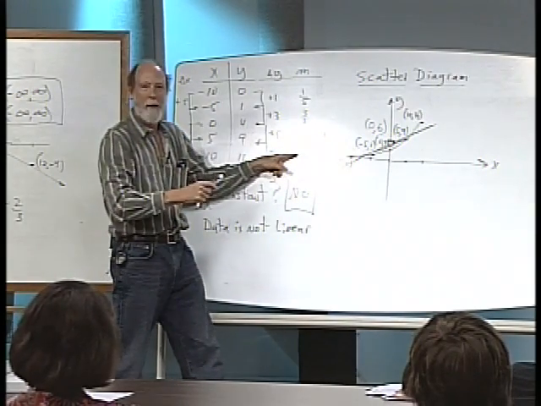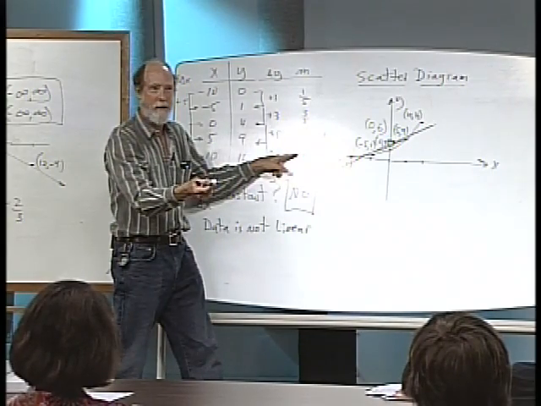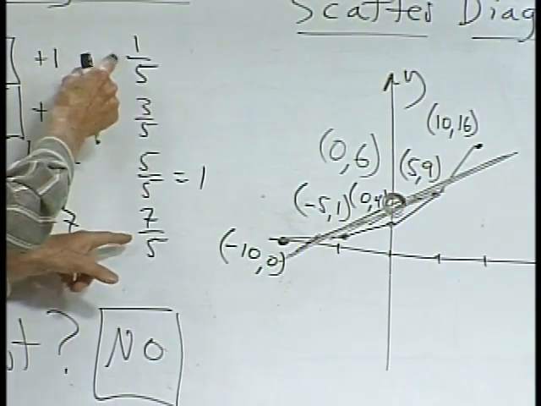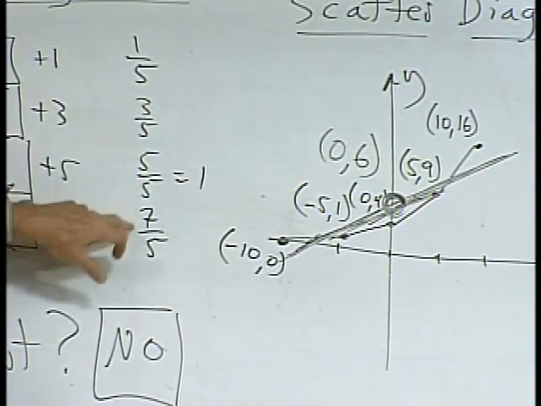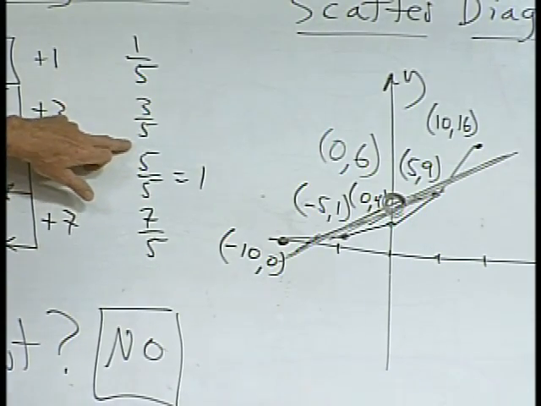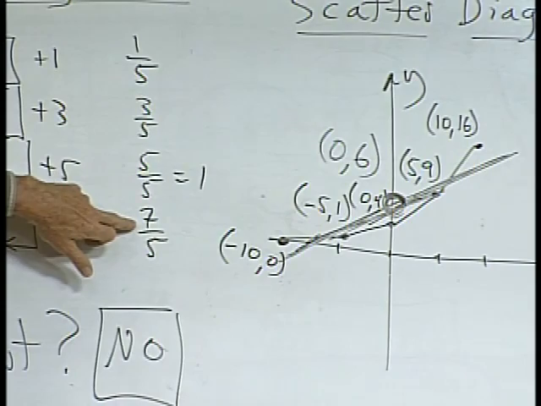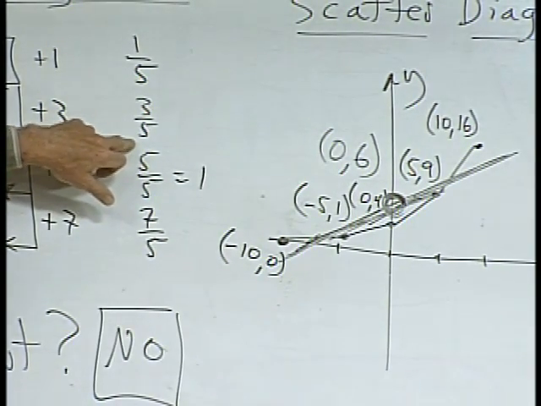Reminds me of the 3 bears: too cold, too hot, just right. So too small, too large, somewhere between these. How about 4 fifths? Let's see, 1 fifth, 3 fifths, 5 fifths, 7 fifths. Why don't we guess 4 fifths?